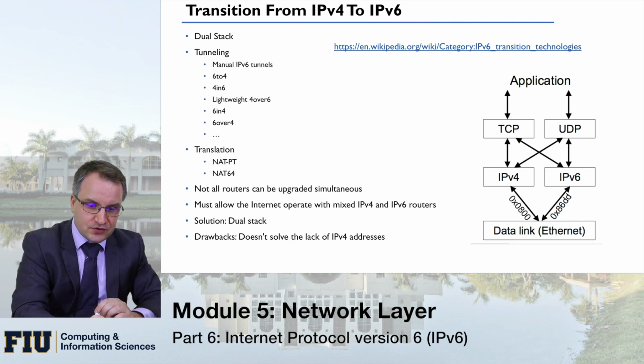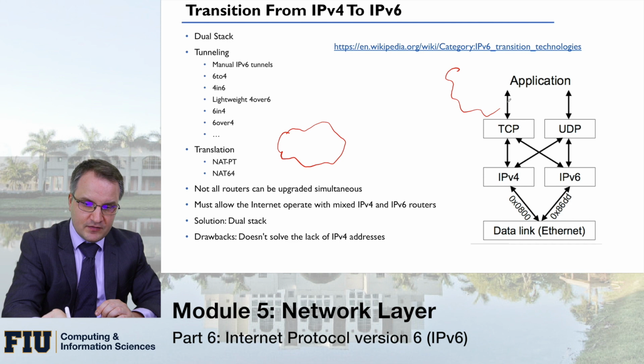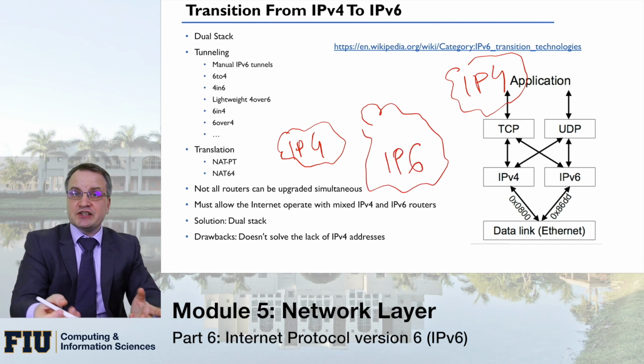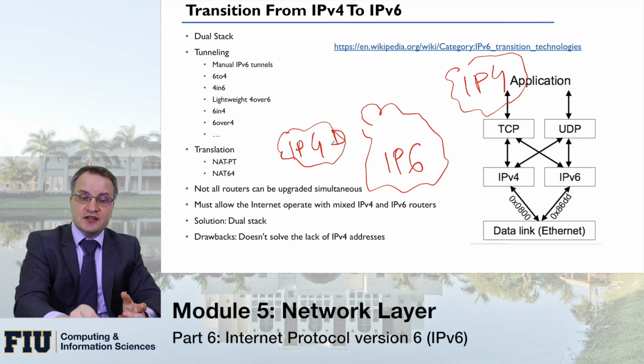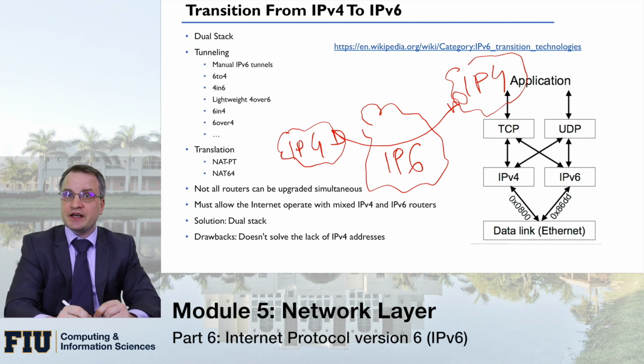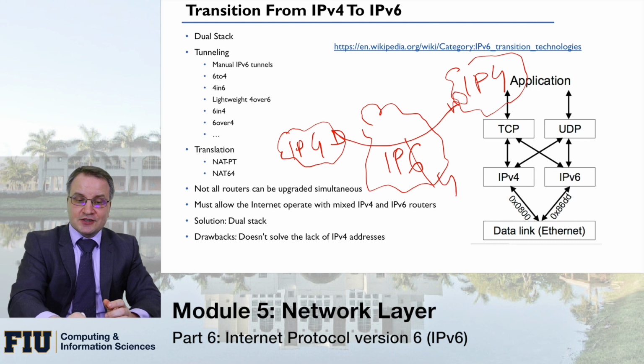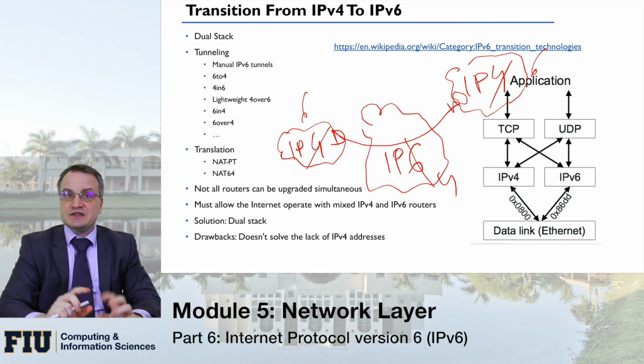If I try to draw a picture, let's say this would be IPv4, this would be IPv4, and then some network in between is IPv6. You can technically create a logical tunnel that goes through IPv6 and goes to another IPv4 network. Or technically you can draw the picture in a different way, where you have a satellite IPv6 network and only an IPv4 network in between, and you have a tunnel across it.